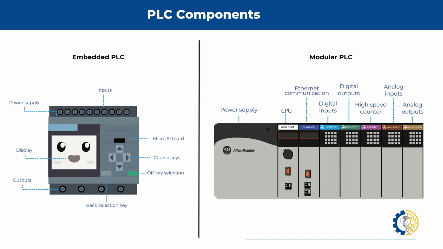So we need to be very careful that there always needs to be some feed to our PLC. It's very robust, but it needs to be fed through voltage, either DC or AC. The most common voltage used in the industry is 24 volts.